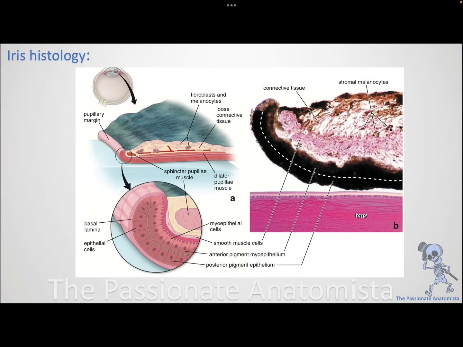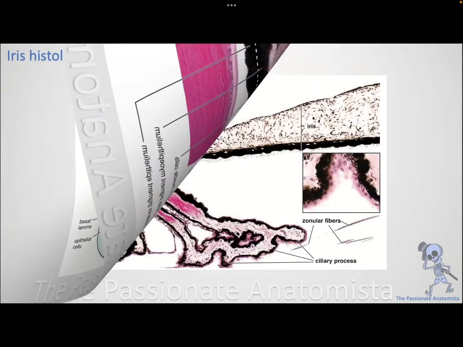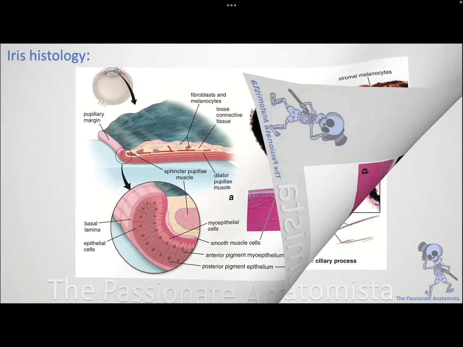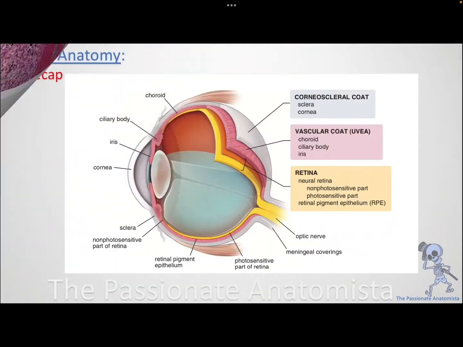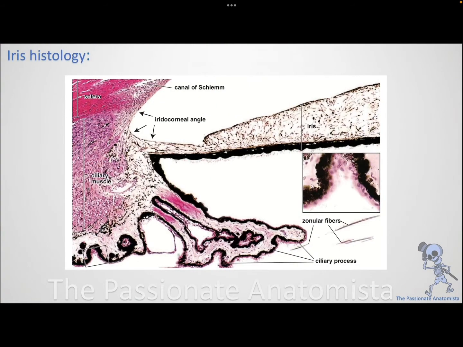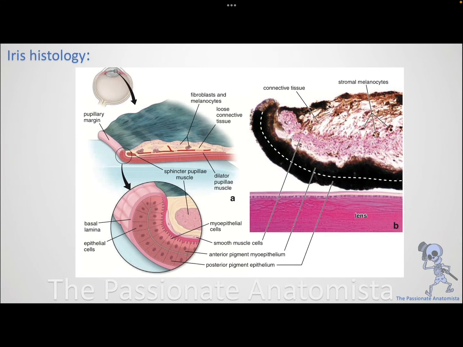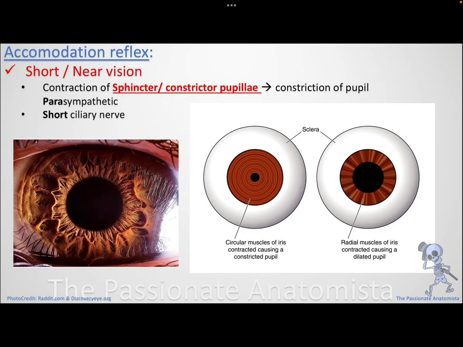Now, what's the histology of the iris? Think about your iris. It's very important because this is what gives the color of your eye. For example, can you see this brown eye?